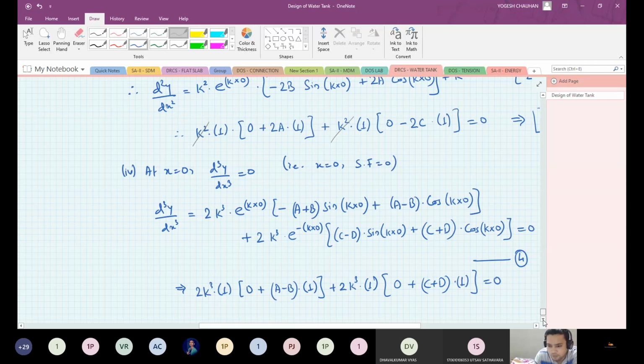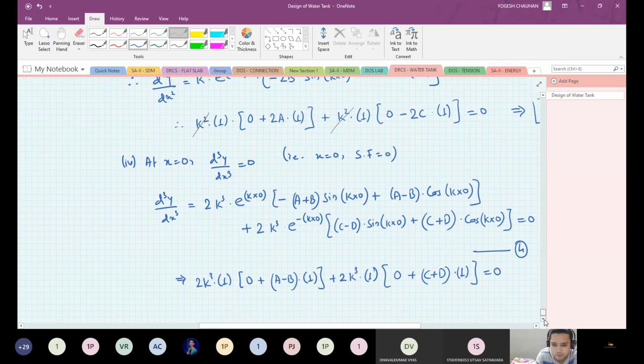So this implies, now we also know that a is equals to c.